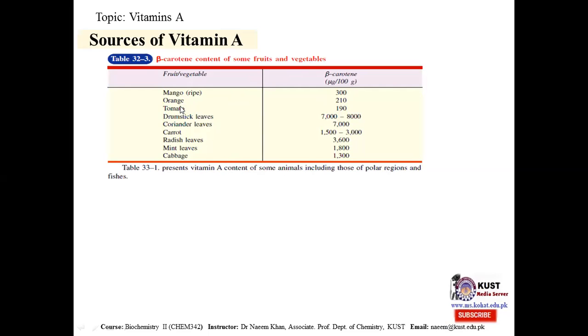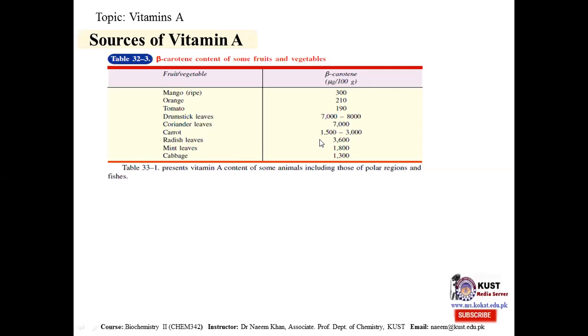Similarly, orange has 200 microgram per 100 gram, and tomato has 190. But the highest are drumstick leaves, 7,000 to 8,000, and coriander leaves, up to 7,000 microgram per 100 gram.